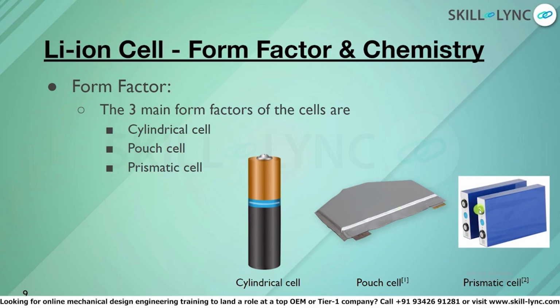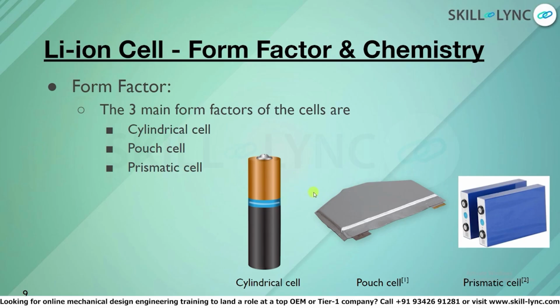That makes the name, pouch cell. It's a pouch-like structure, or a membrane is used to enclose the whole pouch cell, whereas the prismatic cell uses a can, which helps with its structural rigidity, whereas the pouch cell has a little bit of a disadvantage there. So this is how the form factors of a lithium-ion cell are.